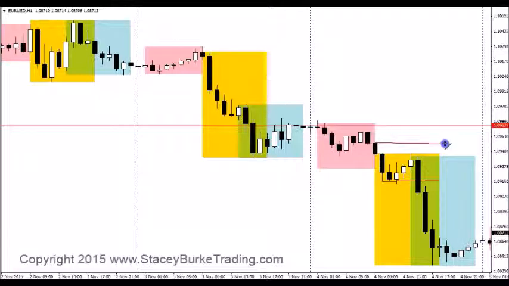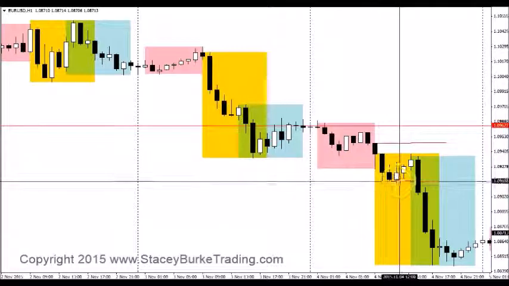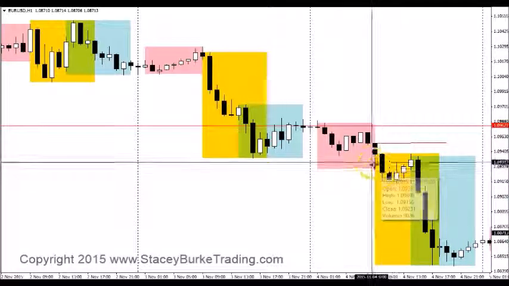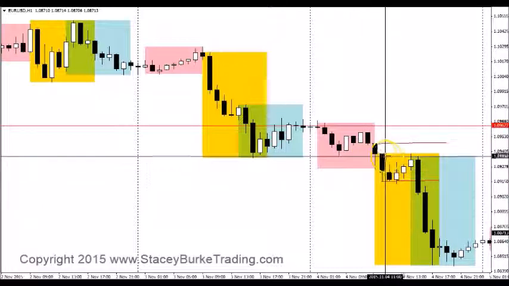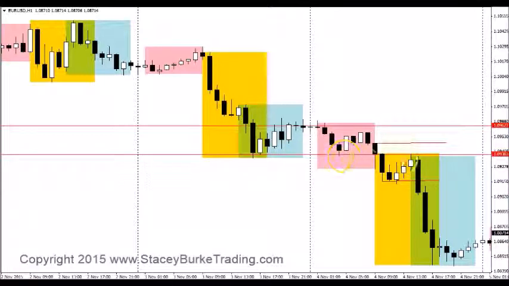Now, as London started to trade, it was pretty obvious as we headed into the US session that those short positions were holding strong, and they were holding strong underneath the previous day's buying areas.